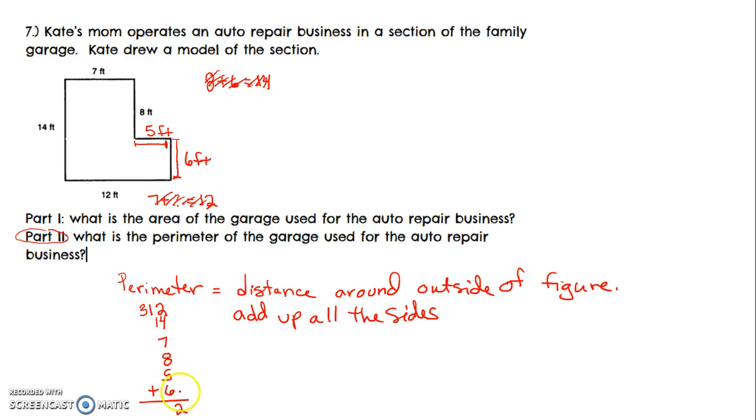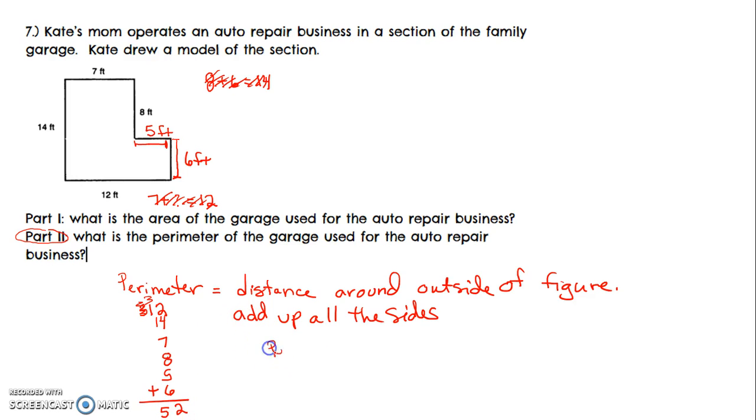I hope I didn't make a mistake. I was just double checking, and I carried a 3. 3 plus 1 plus 1, 3, 4, 5. So 52. The perimeter must be 52 feet.